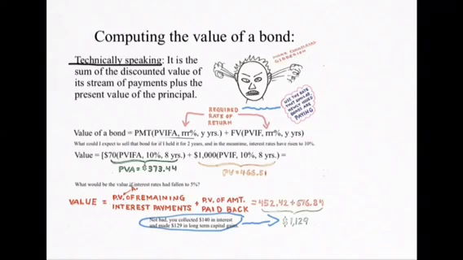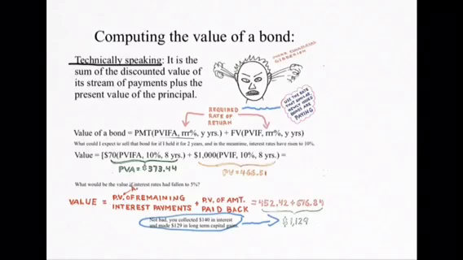Okay, so we've dealt with the impact of changes in interest rates on the value of bonds in secondary markets. Now let's consider the effect that the time left until maturity will have on the bond's value. In order to see this more clearly, let's look at the formula for computing the value of a bond.